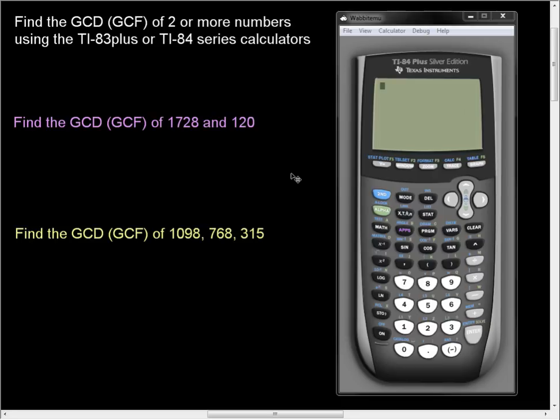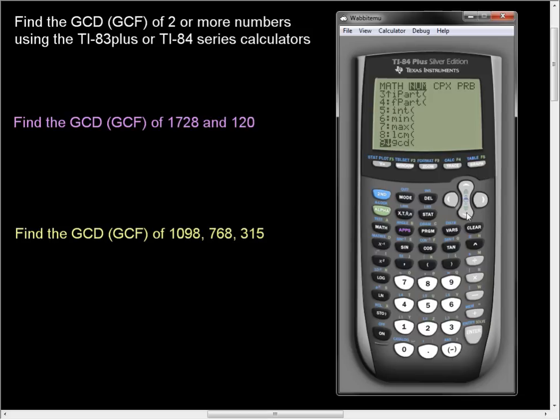Now, the reason I emphasize the GCD is because on your calculator, the command to find the greatest common divisor is in fact GCD. If we press the math key, then scroll over to num, which is where we found least common multiple if you watched that video, scroll all the way down to option number 9, GCD.